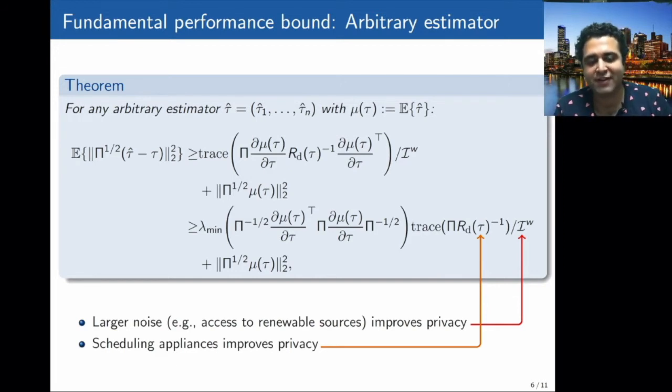Another important thing that hasn't been looked at a lot in the smart meter privacy literature is that by scheduling the appliances, we can improve privacy. By scheduling the appliances, we can increase the lower bound to make the variance of the error larger and larger, so that the adversary would not be able to gain any significant information about what's happening inside the household.